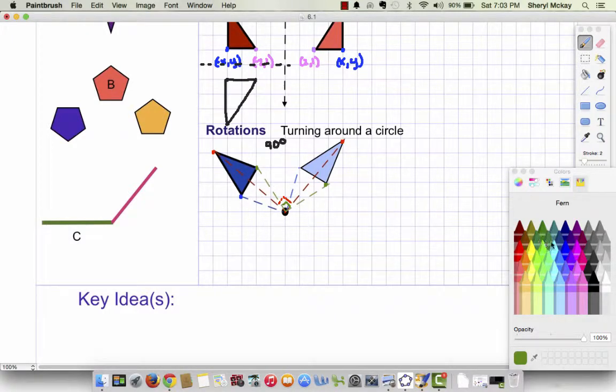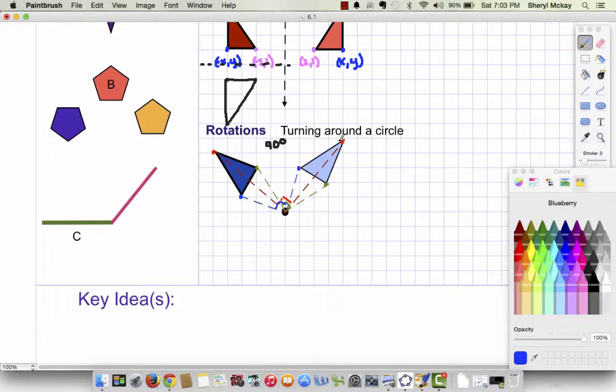And then we do the same thing with the blue one. We've got this blue point. We draw a straight line from the blue point to the center point. That distance, we're going to make it the radius of a new circle, and we're going to rotate around and make a new right angle, and we end up with our 3 points. So we've got our red, our blue, our green.